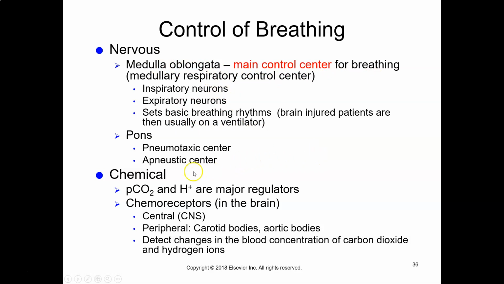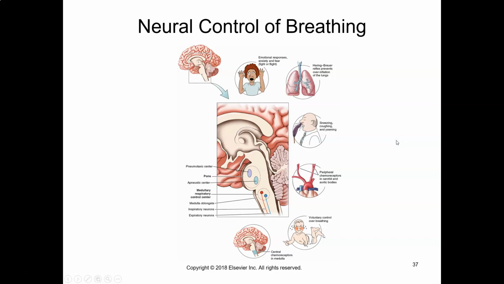The pons can cause you to not breathe at all. There are chemoreceptors in the brain, from the central nervous system to the peripheral, and they can detect changes in the blood and carbon dioxide. So neuro controls breathing, and here's the pons, here's the medulla oblongata, etc.